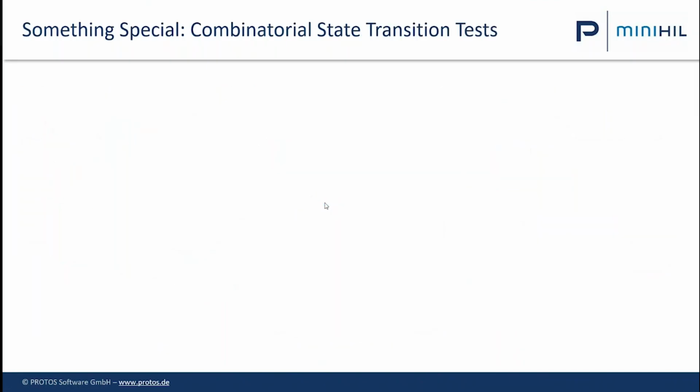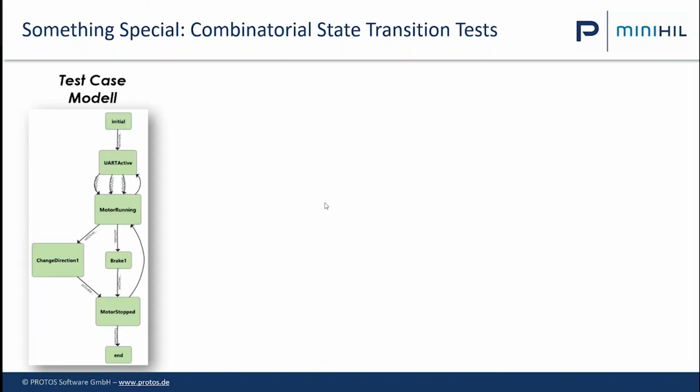Now, something special. Since we already have a modeling language for test cases, we also can model combinatorial test cases. They're called state transition tests. You define basically the black box behavior you expect, good or bad, for your system under test as a state chart. And then we take all the paths through your defined system behavior. So that's a redundant description of your behavior.